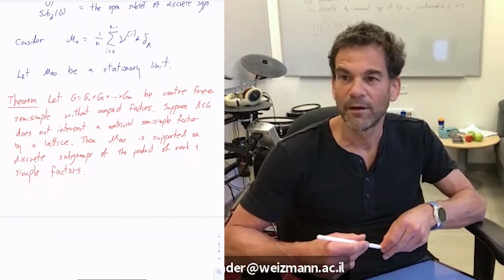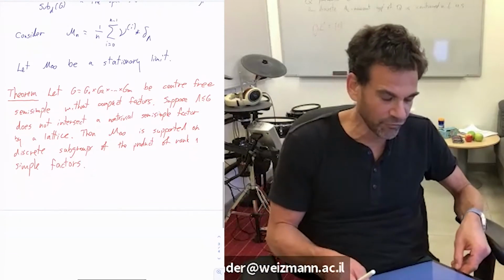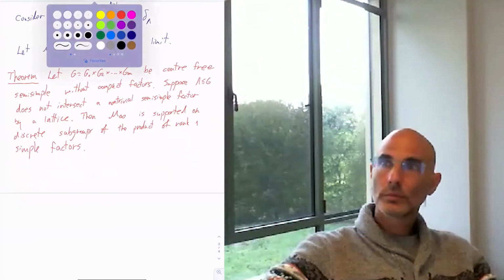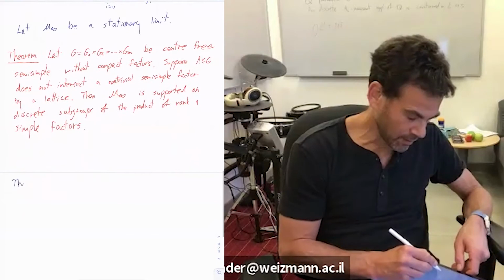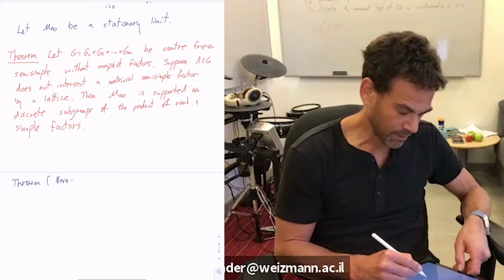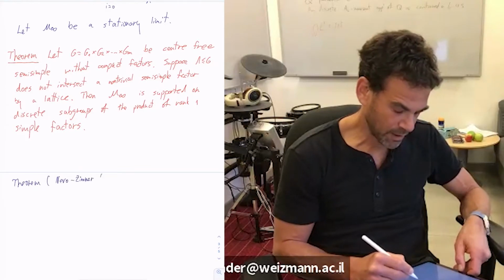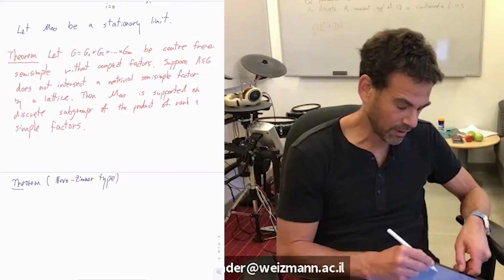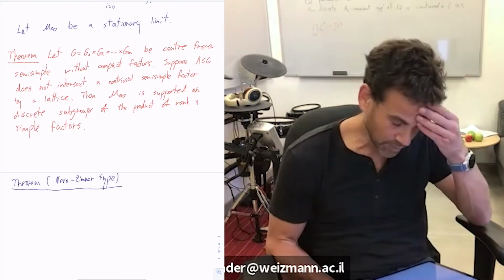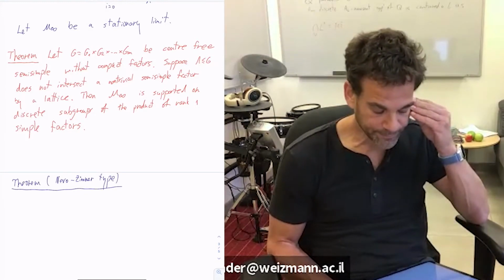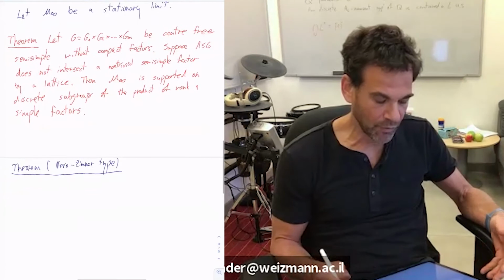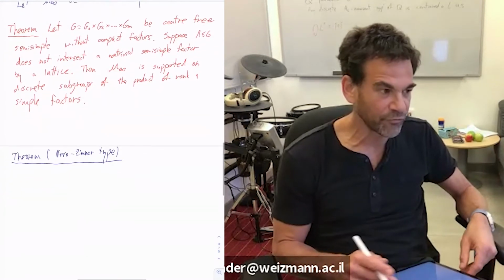But there are other statements that you can improve. So let me just, before the break, state two results. One is, if you want, a Nevo-Zimmer type theorem. So it's Nevo-Zimmer applied to this specific situation: stationary measures on the space of discrete subgroups.